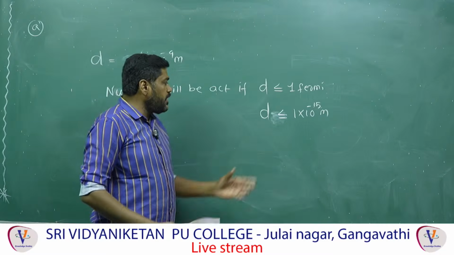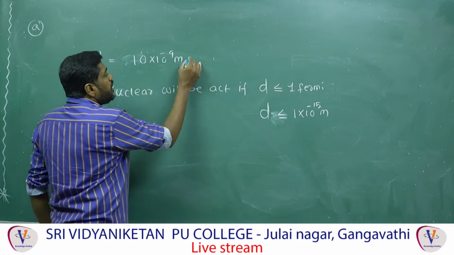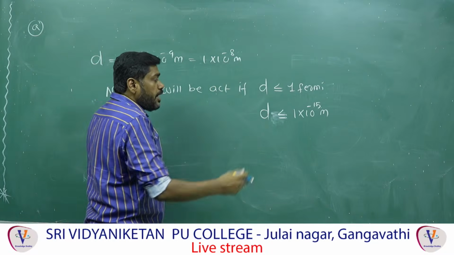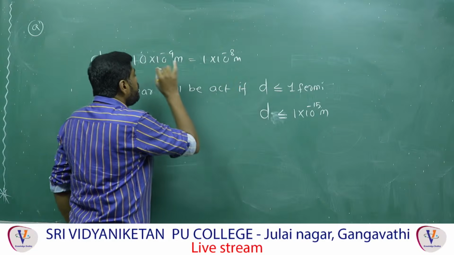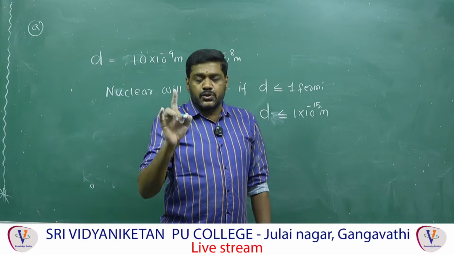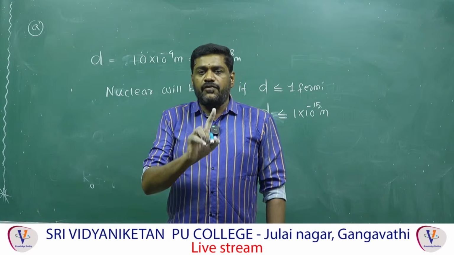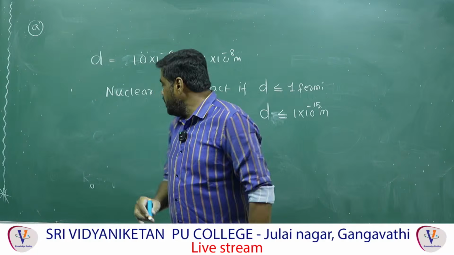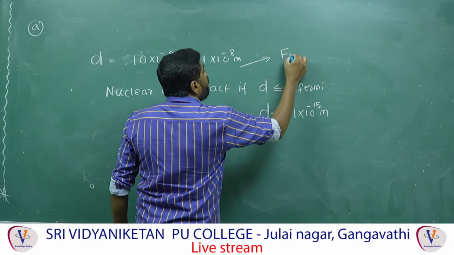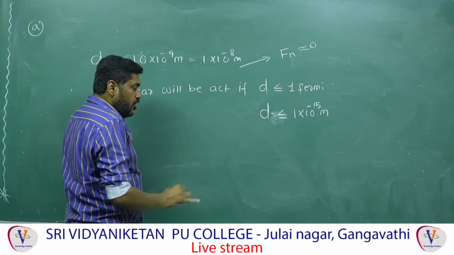Now, what have they given? Distance d is equal to 10 into 10 power minus 9 meters, that is equal to 1 into 10 power minus 8 meter. Compared with the 1 fermi distance, this distance is very, very large. When the distance between two charged particles is more than 1 fermi, the nuclear force is almost 0, but the electric force is not equal to 0.